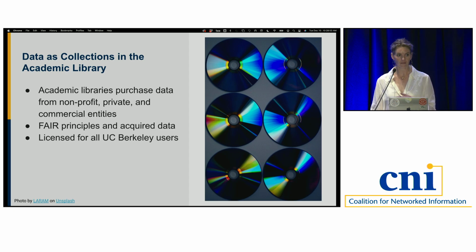We have a very lengthy licensing and negotiation process, and we focus on two big pieces. Namely, that our data is licensed for all UC Berkeley users. So it has to be available to that first-year student who is playing around with data maybe for the first time, to postdoctoral researchers or maybe folks in administration or staff at UC Berkeley who want to be using the data. And as you probably heard Rachel Sandberg talk yesterday, we strive to preserve fair use.